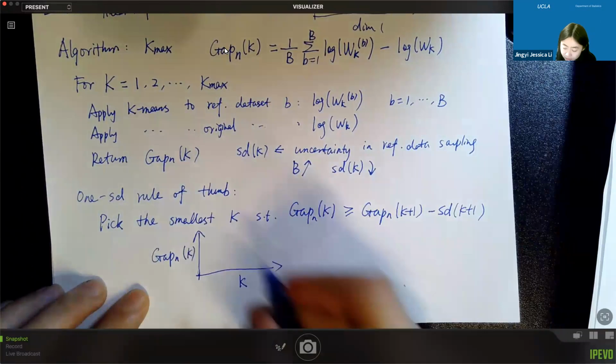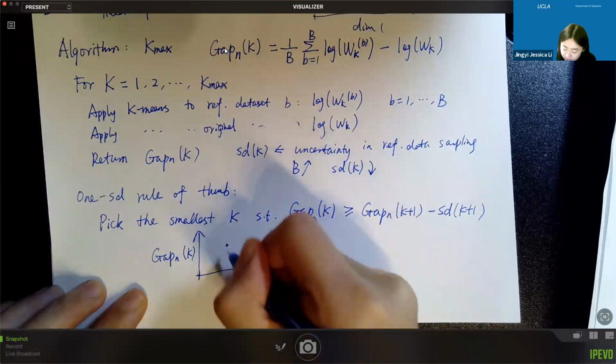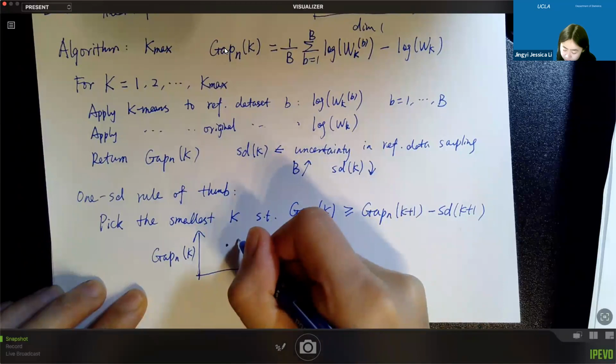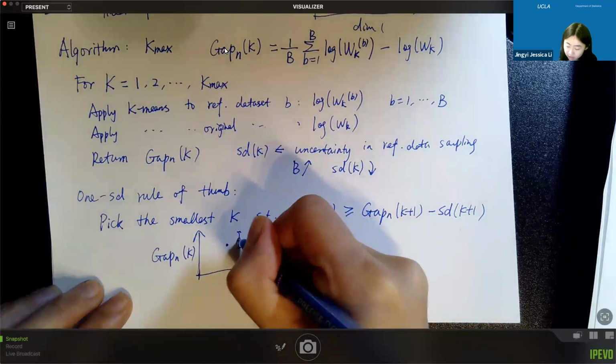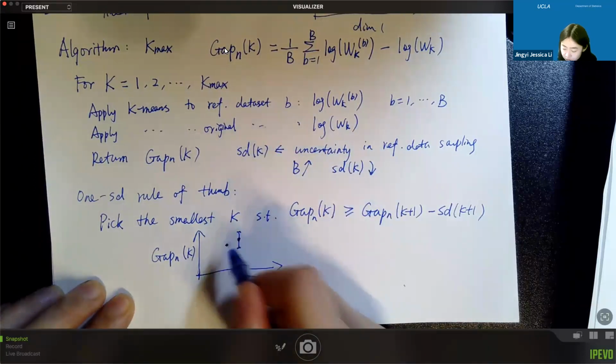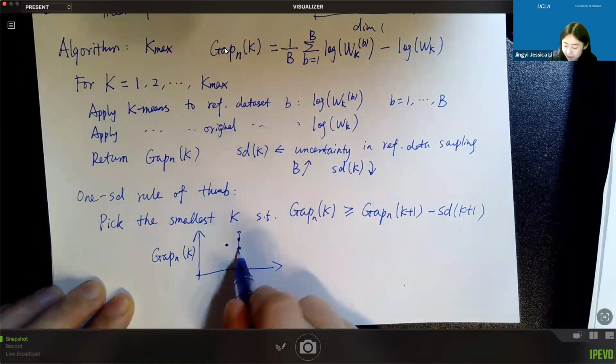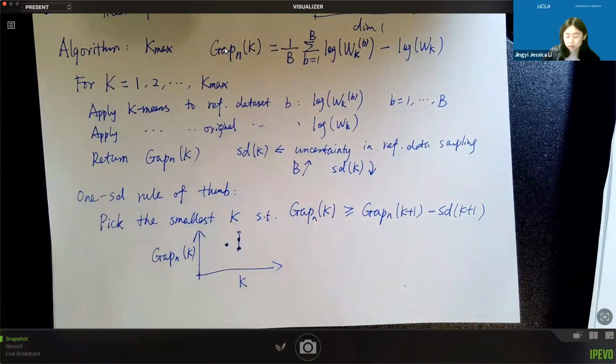If we have gap k here, gap k plus 1 here, but the error bar is plus or minus 1 SD, since this gap k is larger than the lower bar of gap k plus 1, we pick this one. That's what it means. You're comparing each number with the next k's lower bar, not just the next k. That's by considering the uncertainty in the calculation of the gap statistic. And again, this uncertainty lies in reference data generation.